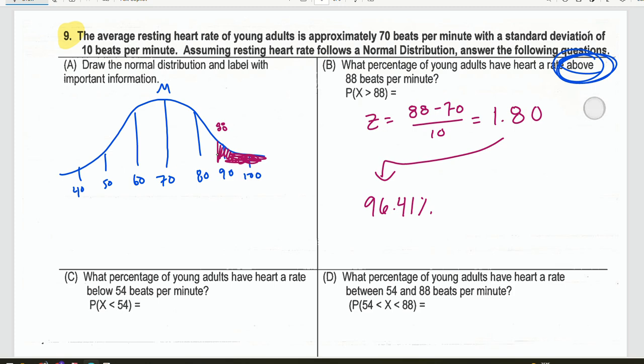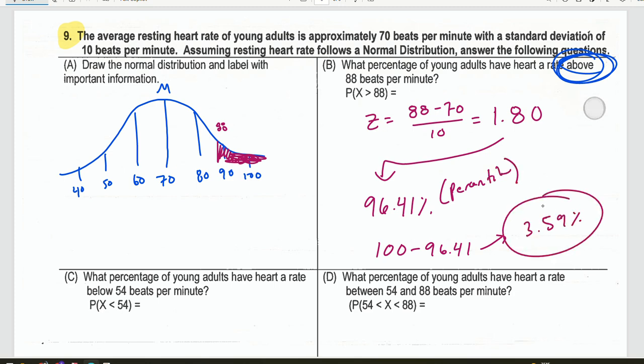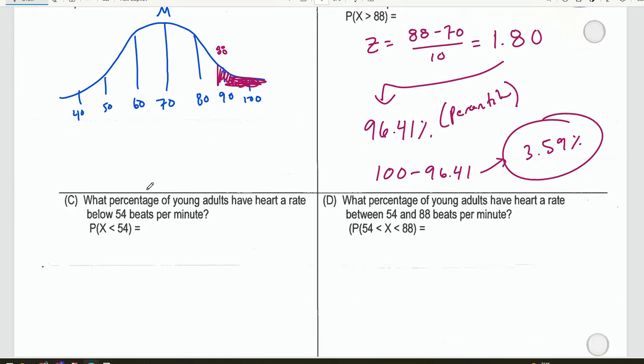That gives us the percentile, which is below. So we would just have to do 100 minus that to get our actual answer, because that is the percentile. So we end up getting 3.59%. That's above 88. It's a very small percentage.